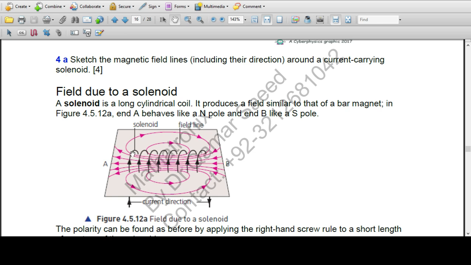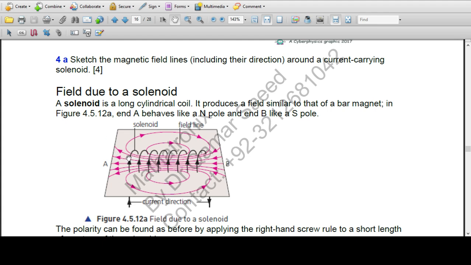The magnetic field lines will show this direction. Since it is in the clockwise direction, north will be like this. From north, it exits and collects at the south.